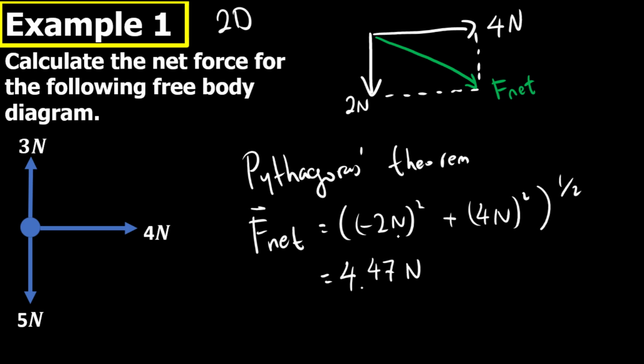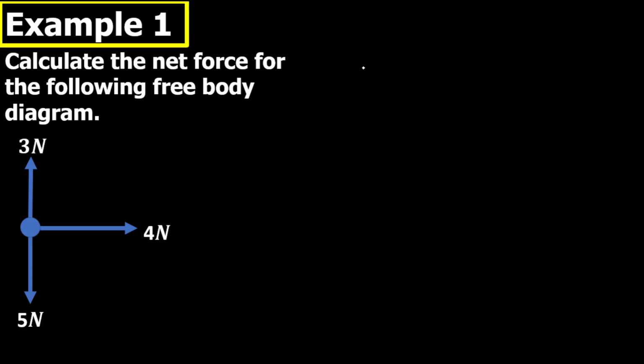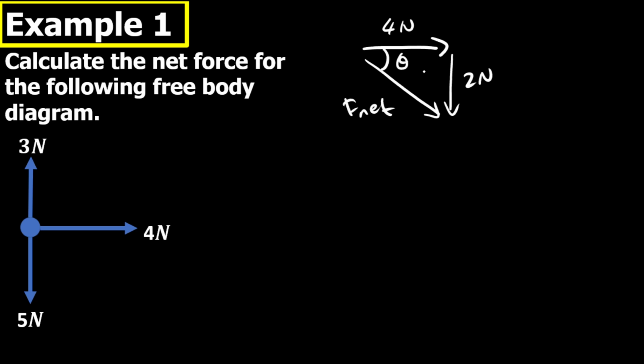However, for the case of two dimensions, you have to mention the angles as well. So you have to know or calculate the angles. Let me redraw this particular diagram on the next slide, but let me change something. I have the same 4 Newton here again, and the 2 Newton here. I've shifted from left to right. Then I have F net over here, and I have theta here, the angle with the x-axis.